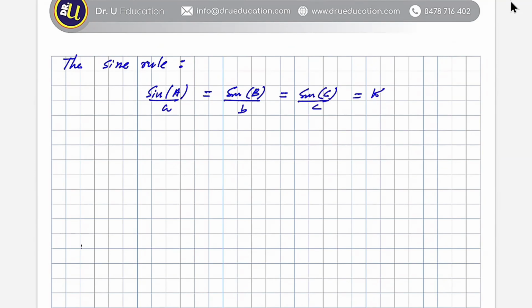The typical sine rule that we introduced is sin A divided by a, sin B divided by b, sin C divided by c is equal to K. Can you write this relation in this way: a divided by sin A, b divided by sin B, c divided by sin C is equal to alpha?